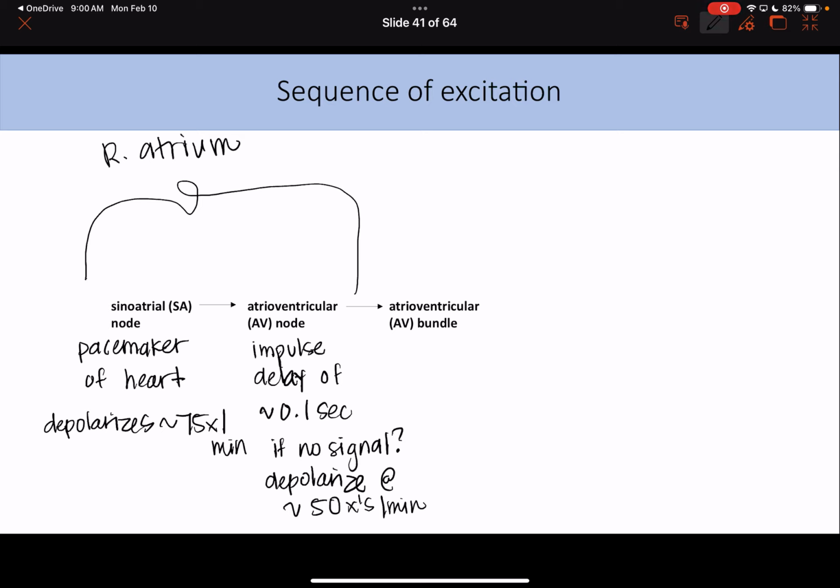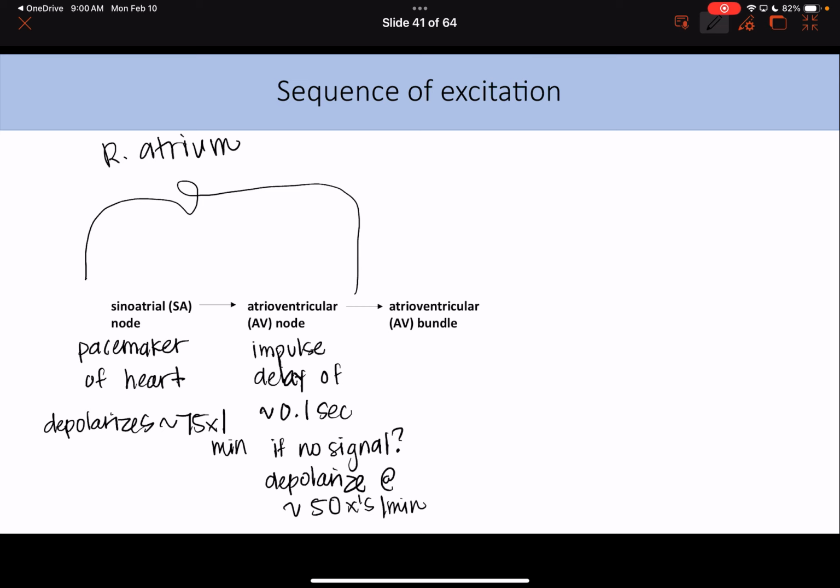But as a scientific community, we are moving away from naming things after people, because sometimes it's not the men who discover it, and then we find out later it was a woman who contributed. We're moving away from naming things after people, and we're giving them more scientific names. So this is the AV bundle, but it may still be referred to as the bundle of His.